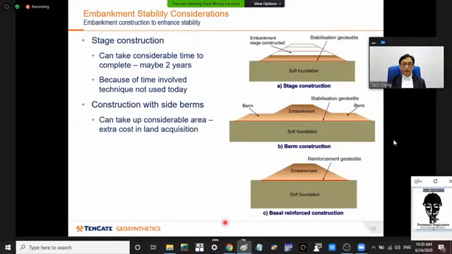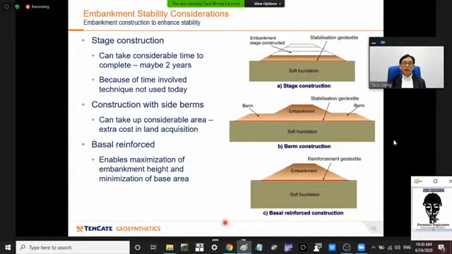This takes up considerable area, and it can increase the cost of land acquisition, or sometimes it's just not possible to extend because the areas are built up around the embankment. And in modern days, basal reinforced embankment is the way to go. It enables a maximization of embankment height and minimization of the base area.